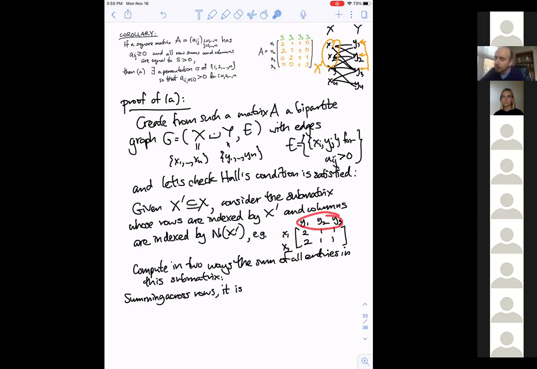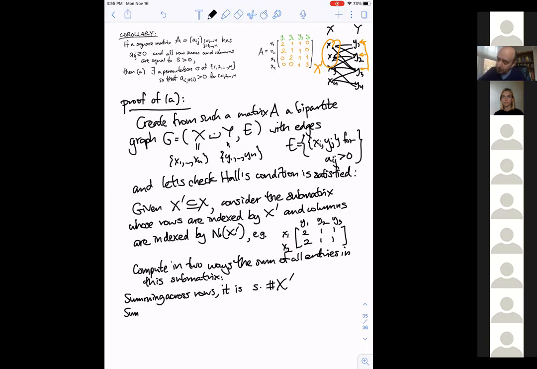But the point is you included all of the columns that contained the non-zero entries. So my claim is this is equal to S times the size of X prime, because you didn't miss any of the non-zero entries in a row, from the way we defined which columns you took. Okay?